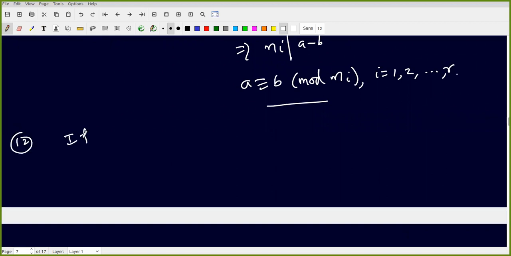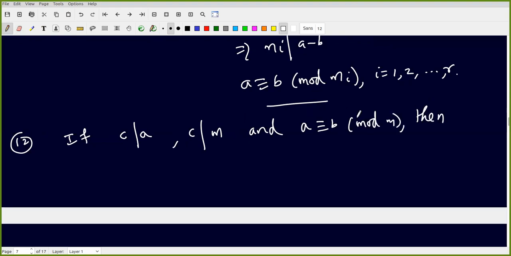If some number C divides A and C divides M, and A is congruent to B modulo M, then C divides B. That is, if C divides one number and the modulus value, then C divides B.